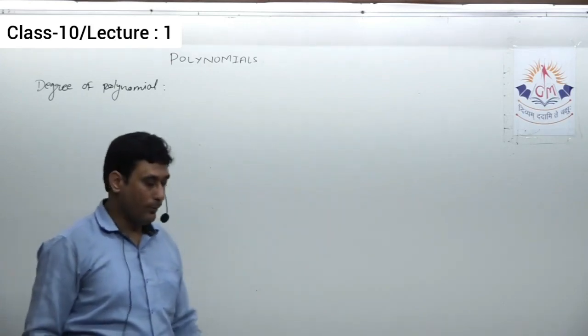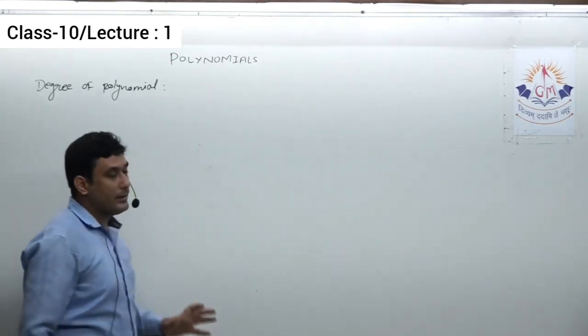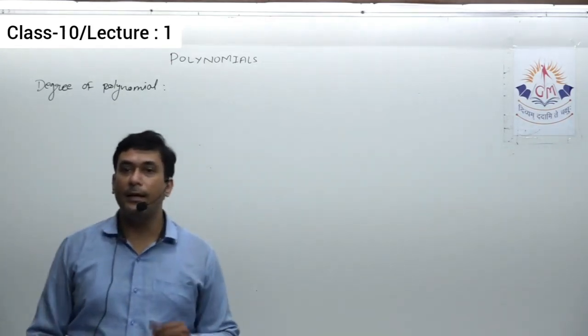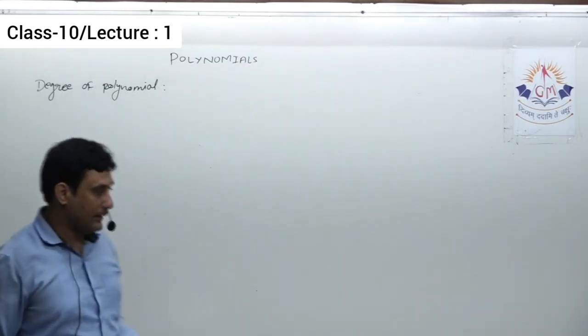Degree of polynomial. What is degree of polynomial? Maximum power of the variable in a polynomial is called its degree.